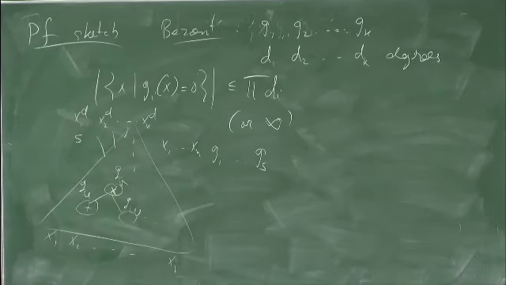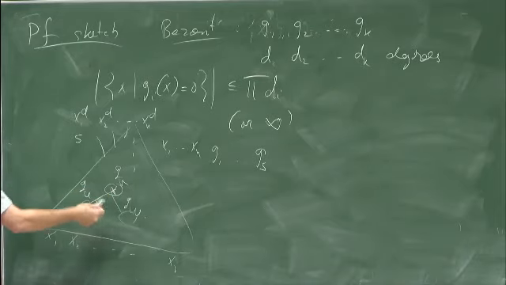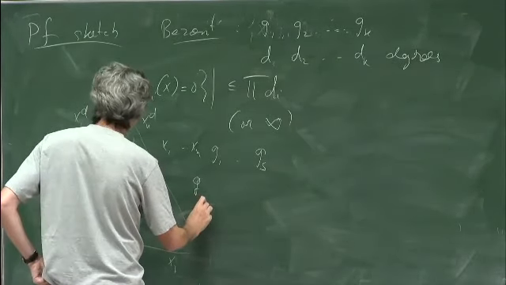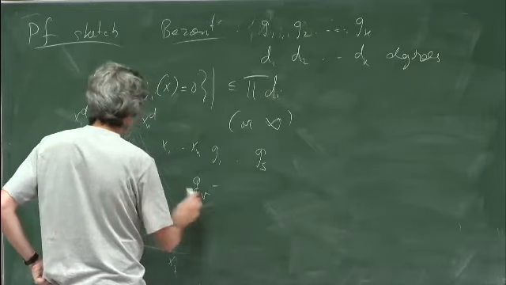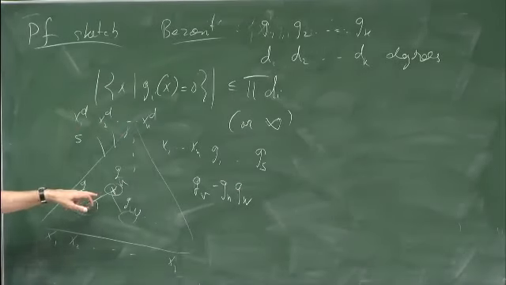So now write a bunch of polynomials. Whenever a particular gate is a product, in this case we will have g_v minus g_u g_w, because v is a product gate.